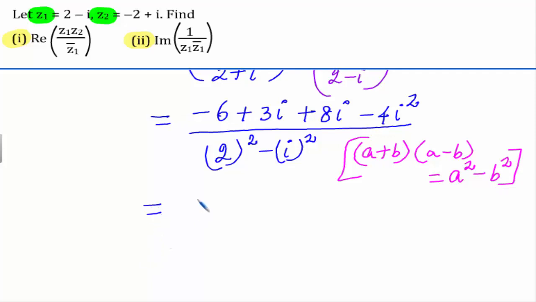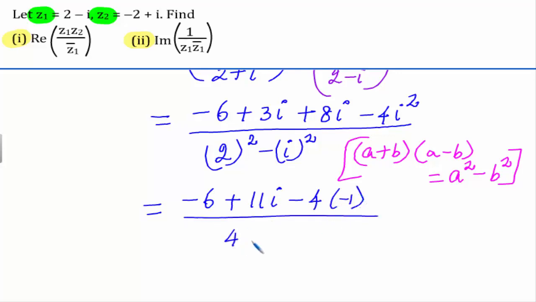This will be equal to minus 6 plus 11i minus 4 multiplied by 1, divided by 4 minus of minus 1, since i square is equal to minus 1.